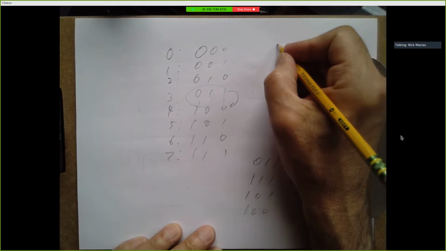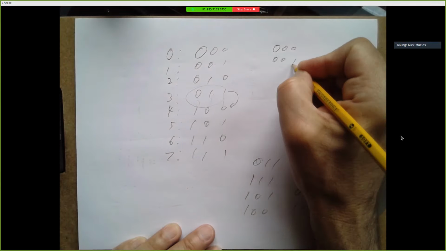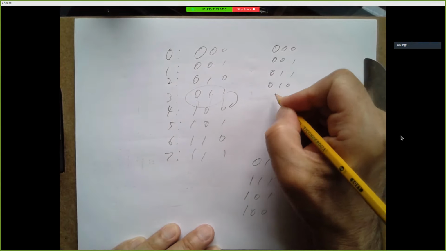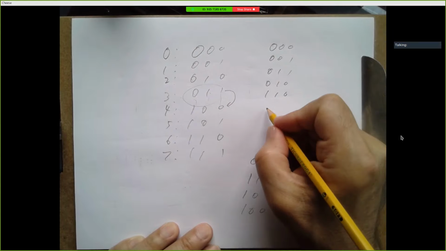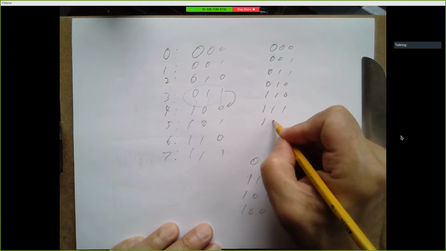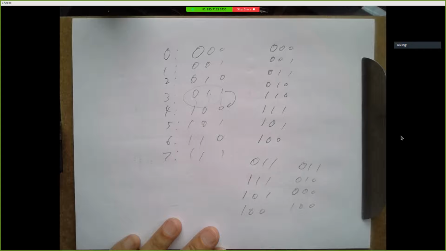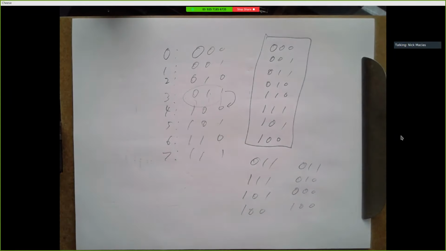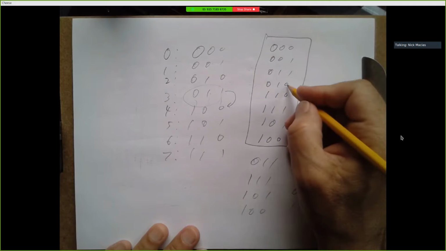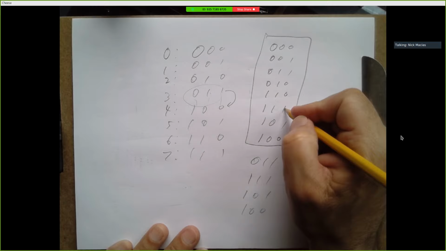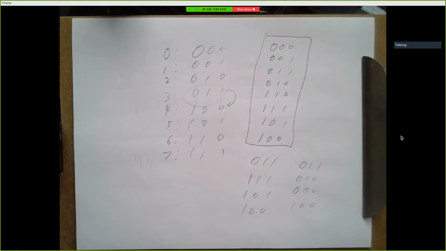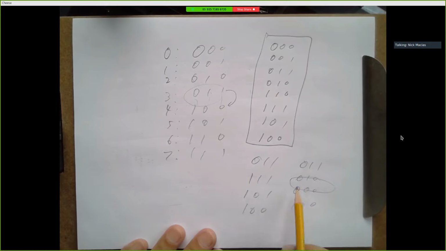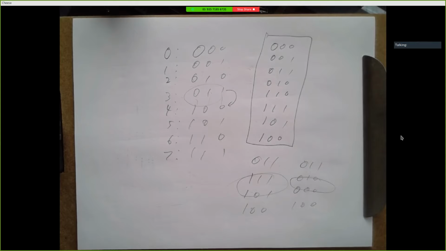And so a typical way to do this would be like this. So we still have all 8 combinations of 3 bits, but as we go from one combination to the next, a single bit changes. And so we don't have this potential glitchiness of intermediate values.